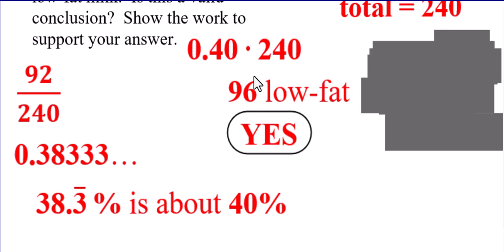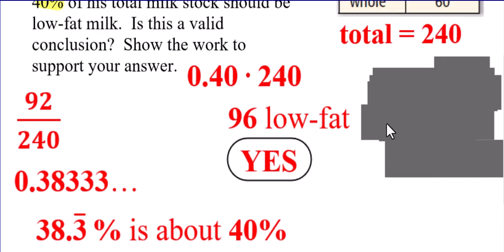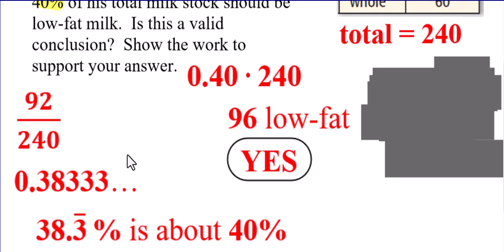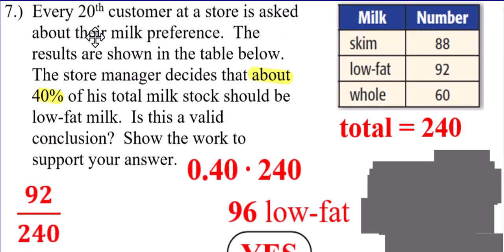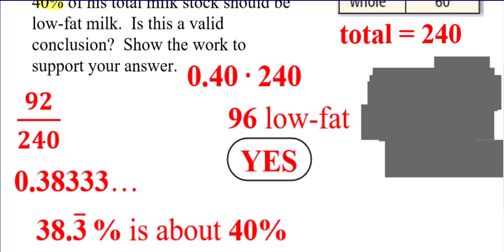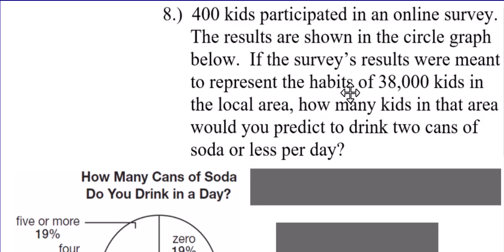So either way you do your math, and maybe there's another way of doing the math that I don't even have here, but still shows that the conclusion of about 40% checks out. If you have a different way of doing it, that is fine with me. But the answer is yes, because 1, the system is a systematic random sample, which is good, and 2, the math checks out.